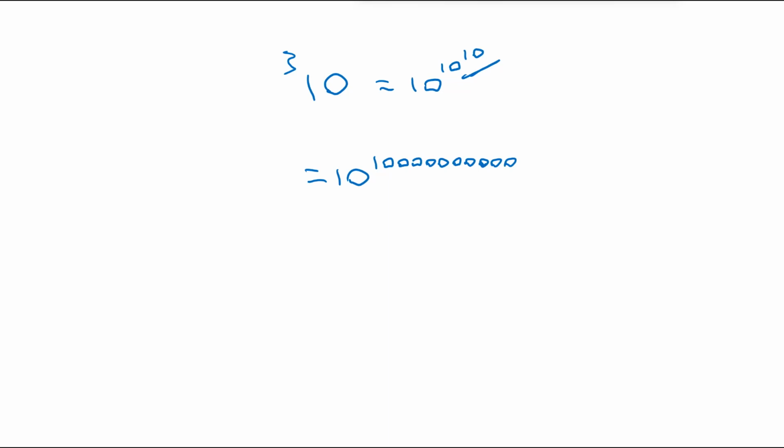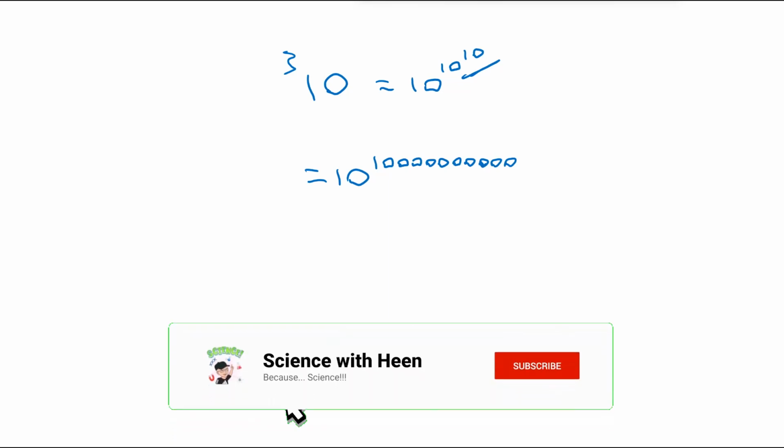We now have 10 to the power of 10 billion. So, okay, can we do this without a calculator? Well, yeah, we can, by applying the same reasoning. 10 to the power of 10 billion, well, how many zeros will that have? That will have 10 billion zeros.